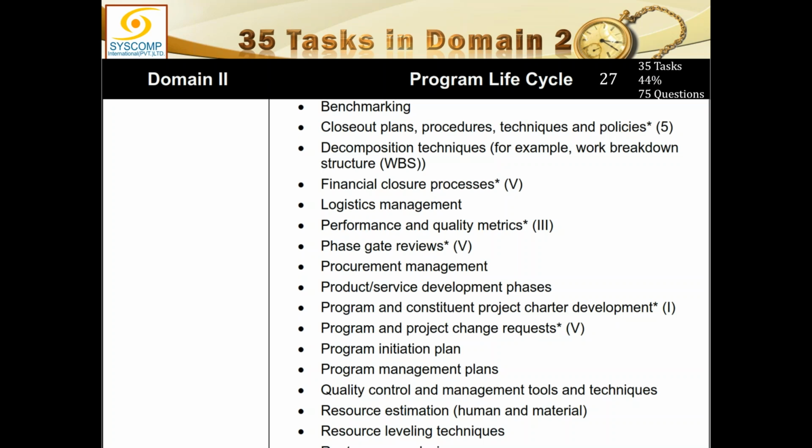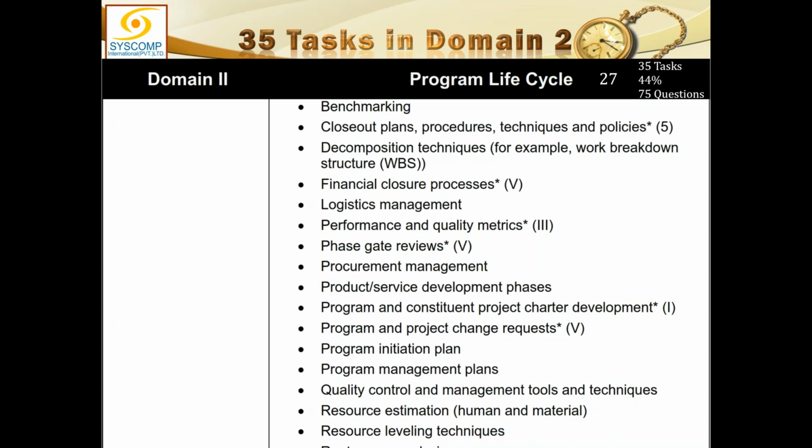Product service development phases, program and constituent project charter development, program and project change requests. I have explained them a bit. Program initiation plan, program management plans. Remember, management plans are based always on the relevant governance mechanism.